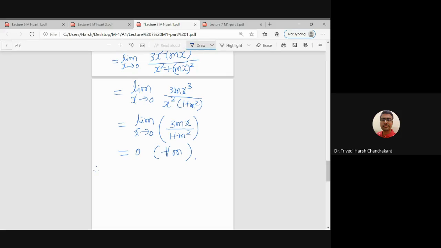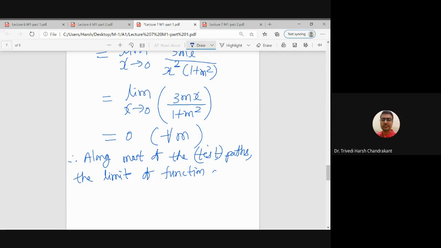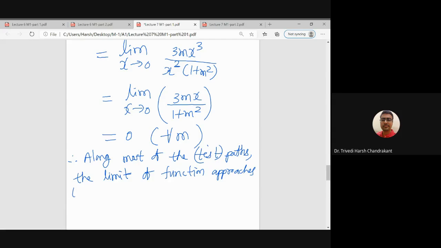Right, so let us write down a remark that along most of the test paths, basically the limit of the given function approaches the value 0, right?